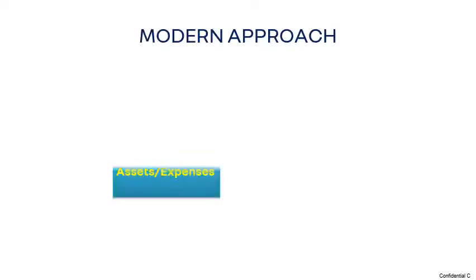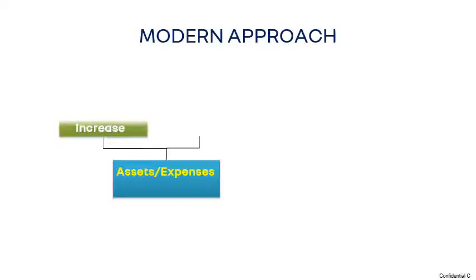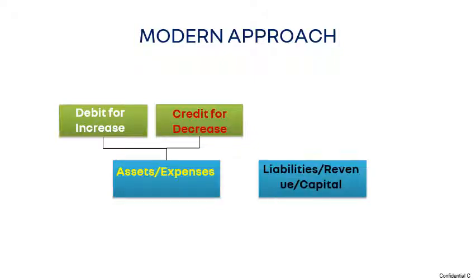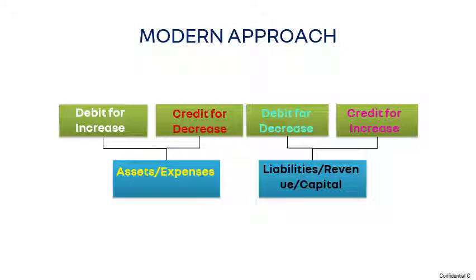So let us see the modern approach. When we purchase an asset or expenses, the debit side increases and the credit side decreases. When we have a liability, revenue or capital, debit decreases and credit increases.